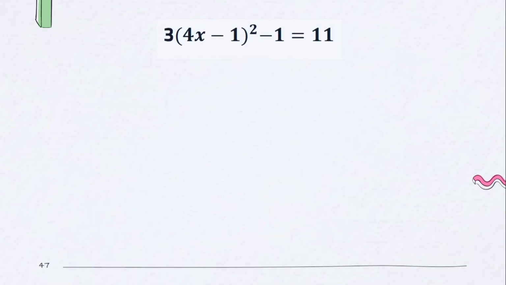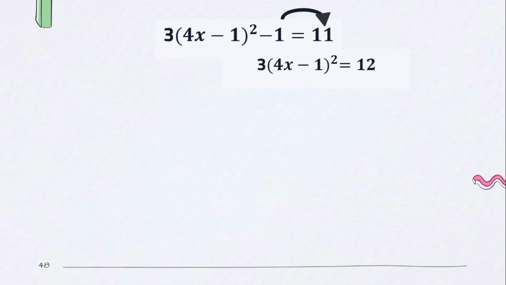Next example. 3 times the quantity of 4x minus 1 squared minus 1 is equal to 11. Because we have here minus 1, we put this one on the other side. So, it will become 3 times the quantity of 4x minus 1 squared is equal to 12.